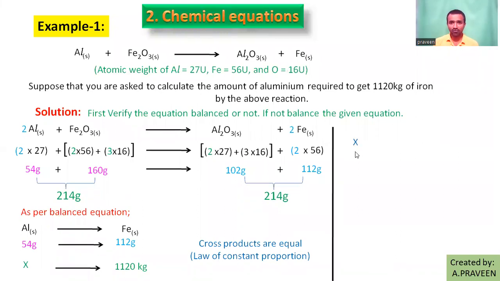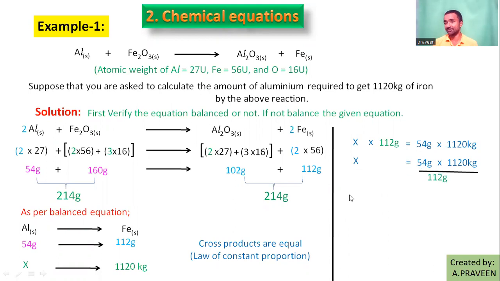So X into 112 is equal to 54 into 1120 kgs, with their units written. Then next, copying the same and transposing: 112 moving to the right side becomes the denominator. Then cancellation: grams cancel.